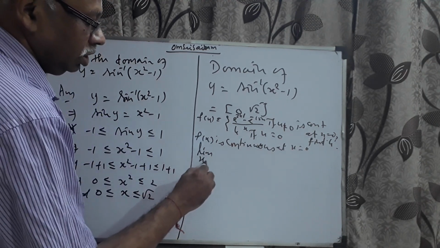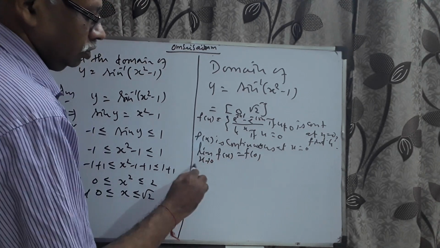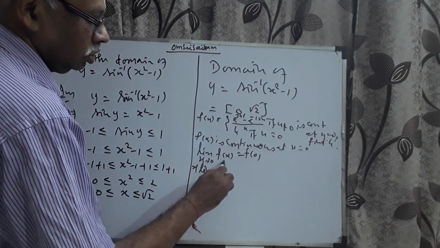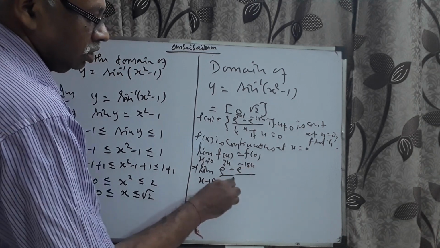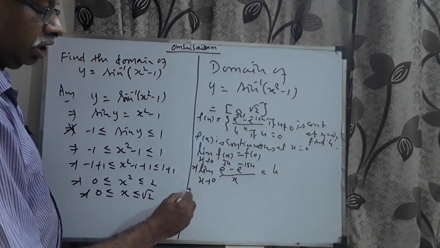Therefore, limit x tends to 0 of f of x is equal to f of 0, which implies limit x tends to 0 of e power 3x minus e power minus 15x by x is equal to f of 0, which is nothing but k.